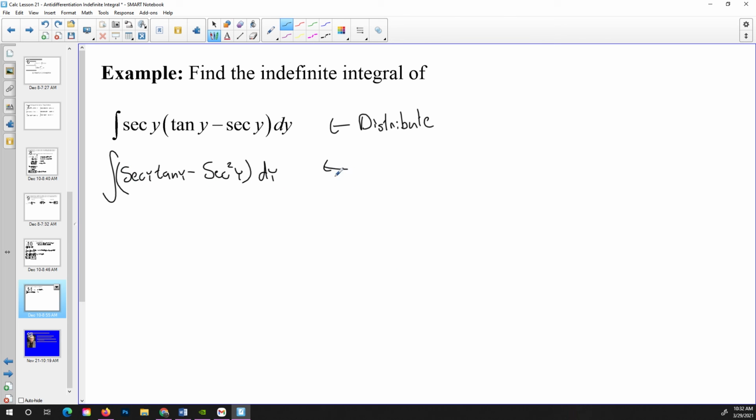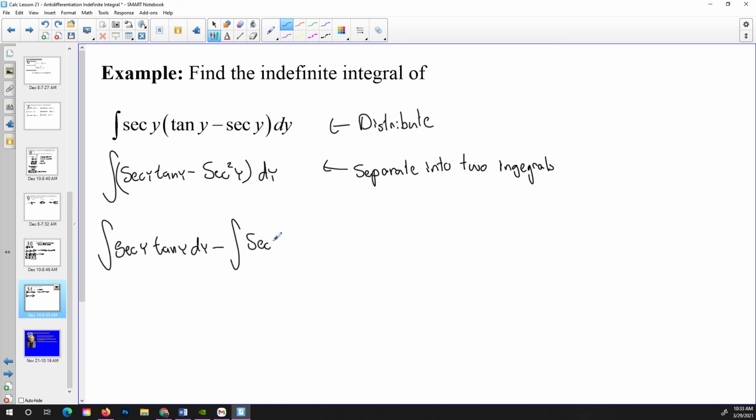And now I am going to separate into two integrals. We're using the sum and difference rules here. So here we'll have the integral of secant y tangent y dy minus the integral of secant squared y dy.